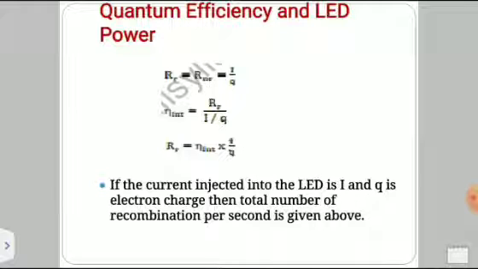If the current injected into the LED is said to be I, because here the current is very, very important, it varies the number of electrons also. Q is the electron charge, then the total number of recombinations per second is given in the above expressions.